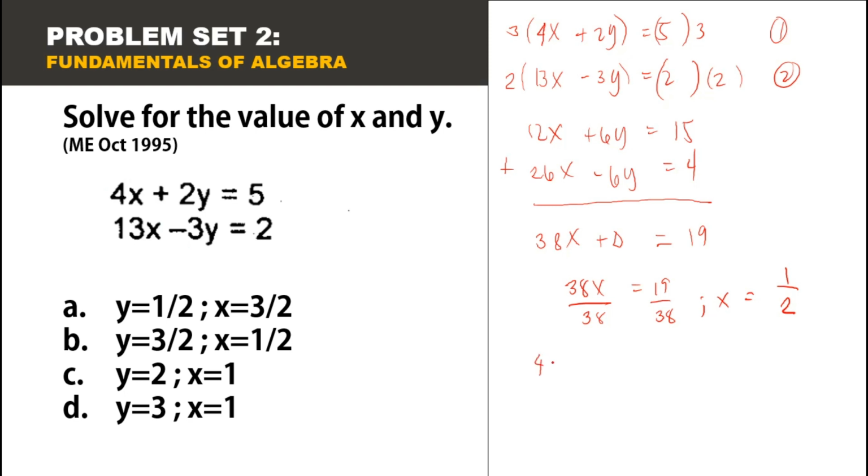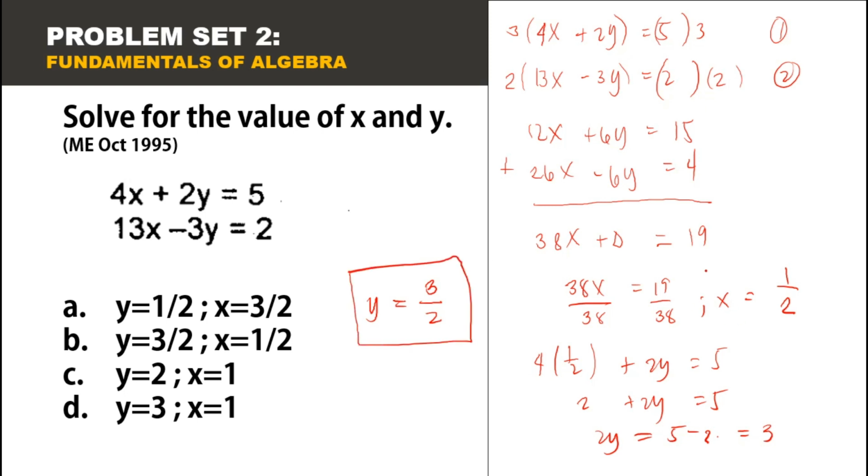So we have 4 times 1/2 plus 2y equals 5. 4 over 2 is 2, so plus 2y equals 5. So 2y equals 5 minus 2, that is 3. So y is 3/2, and x equals 1/2.